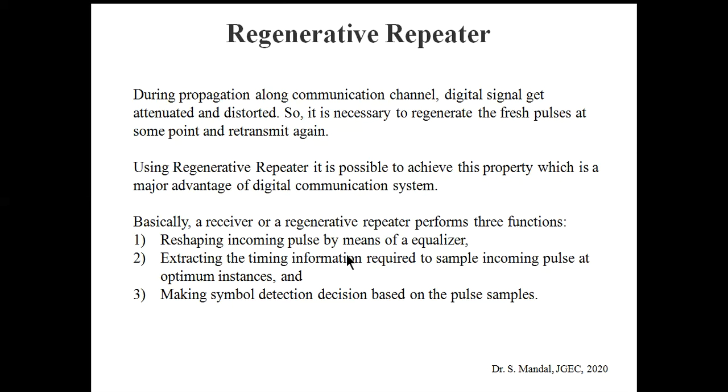If we send, suppose, a 5 volt signal through a channel, then due to several losses this voltage level will be attenuated, and moreover, due to nonlinear characteristics and other noise, the shape of the pulse will be changed. That means the pulse will be distorted.